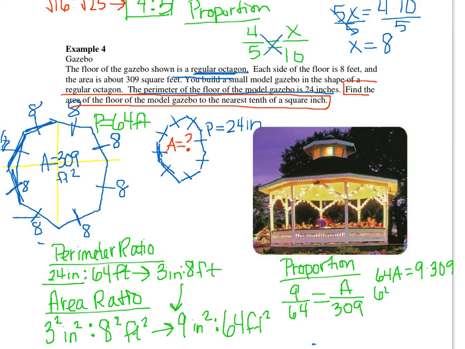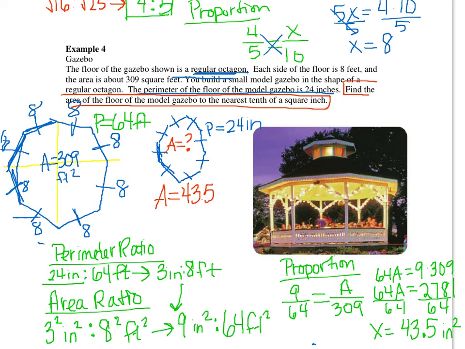So I've got 64 times my area equals 2,781. Divide both sides by 64, and you'll find that A equals 43.5. And we know that's our model, so it's in inches squared. So my area for my model is 43.5 inches squared.